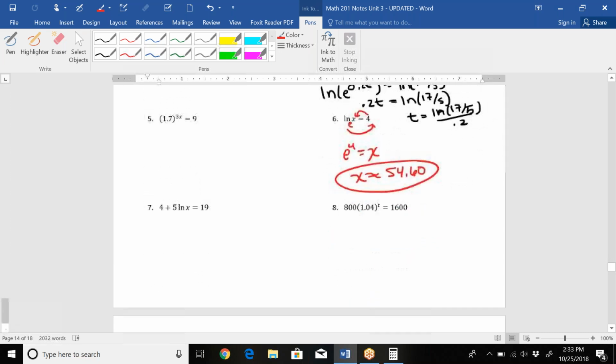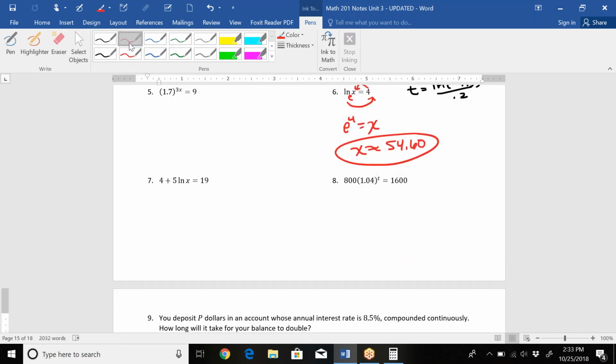And then the last one on this page, we need to isolate that 1.04 since it is our base to our exponent. So we'll divide both sides by 800, so that makes 1.04 to the t equals 2. Then we want to take the natural log of both sides so we can pull the t down using the power rule. Now this time you have to be careful because that's not a natural log of e, it's actually a number.